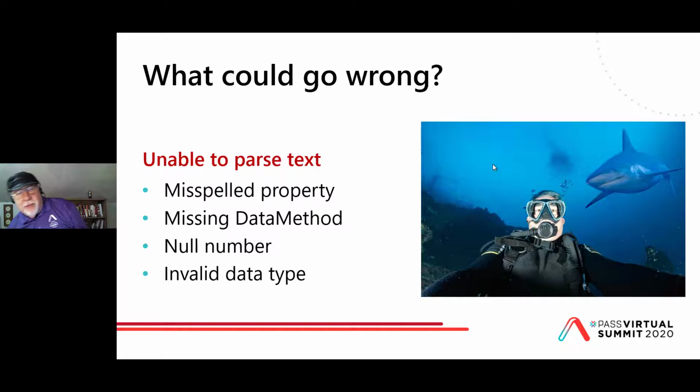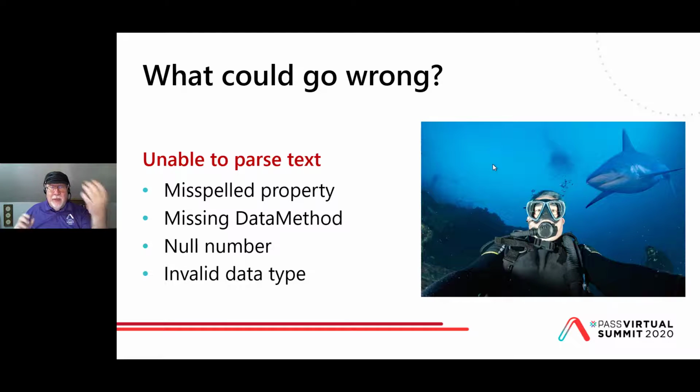The first thing is you may not be able to parse the text. A lot of that occurs because you misspell the property. So you've got ID and you put something else, identifier. They're not the same. It can't identify. What's hardest is that I could have capital ID in my JSON and put lowercase ID in my class, and it won't work.